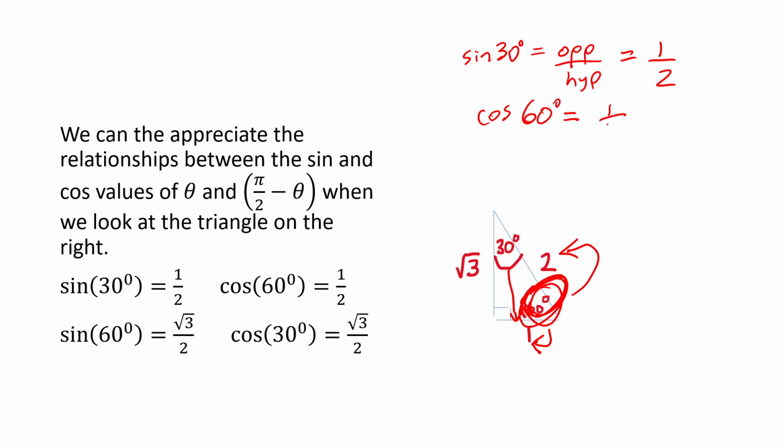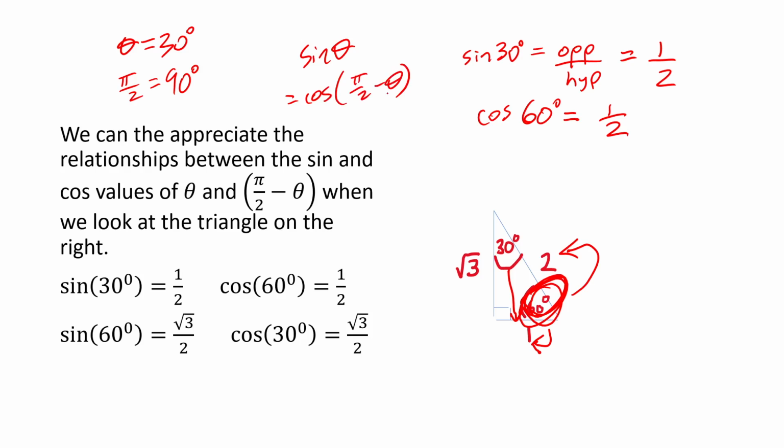And when we look at that, we see that the cosine of 60 degrees is also 1/2. So letting theta be 30 degrees and remembering that pi over 2 is really just the same as 90 degrees, we see that the sine of theta actually equals the cosine of pi over 2 minus theta. And the relationship will hold true if we consider cosine of theta and the sine of pi over 2 minus theta.